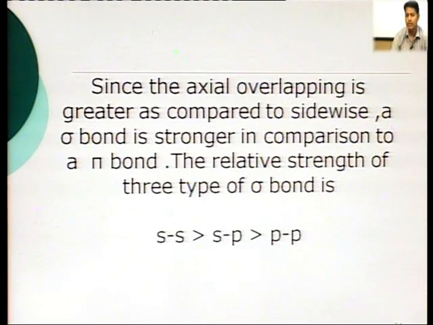The relative strength of the three types of sigma bond is: ss overlapping gives a stronger sigma bond as compared to sp, and that is stronger as compared to pp overlapping.